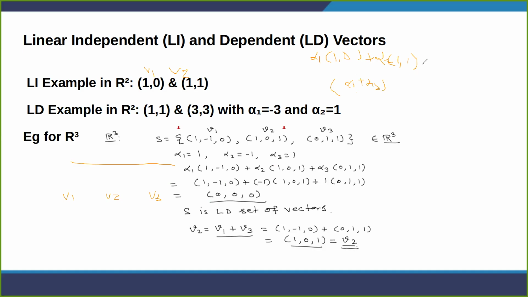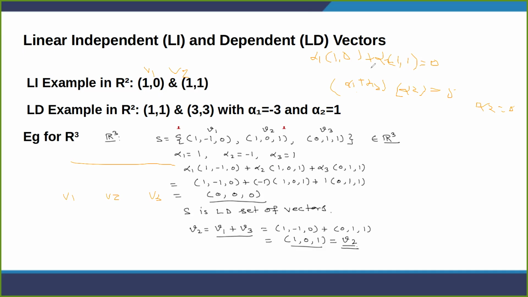Sorry, I haven't put the equation. So this is the complete equation, equals 0. The first component is alpha 1 plus alpha 2, and the second is 0 for alpha 1 and alpha 2 for the second entry. Now both of these should be 0. So from the second equation, alpha 2 should be 0.